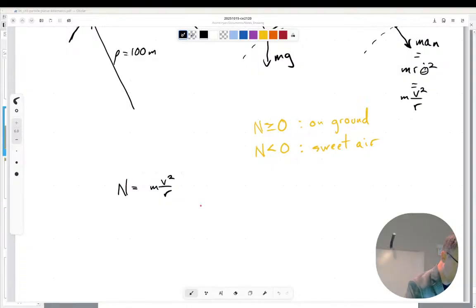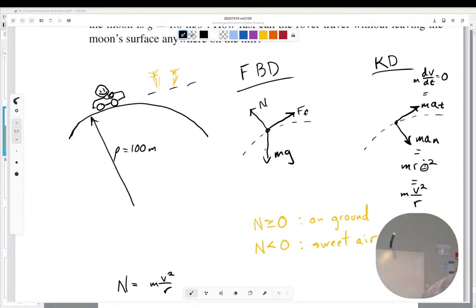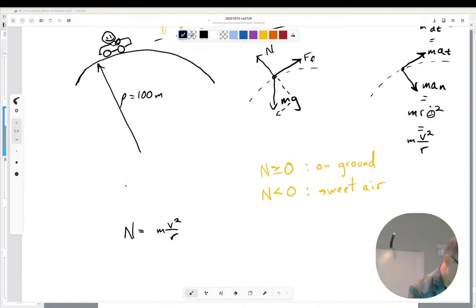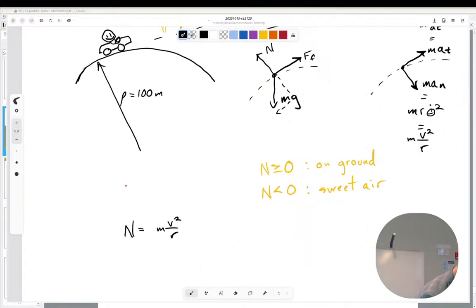So when we're looking at these, we have two components of mg, right? One of them is keeping us on the hill, the other one's kind of pulling us back down the hill. Yeah. Okay. So we could just set that equal to the one that's keeping us on the hill to see how fast the velocity is, because we already have the mass and the radius.